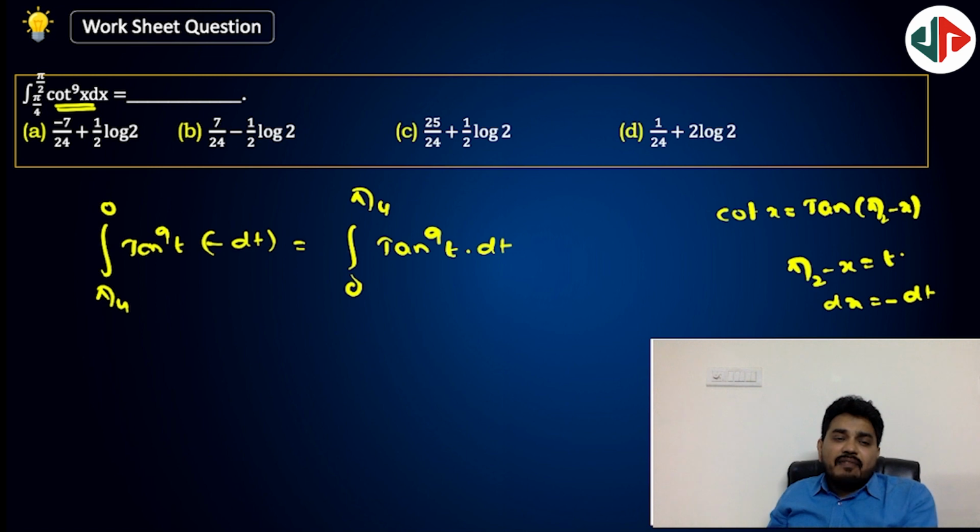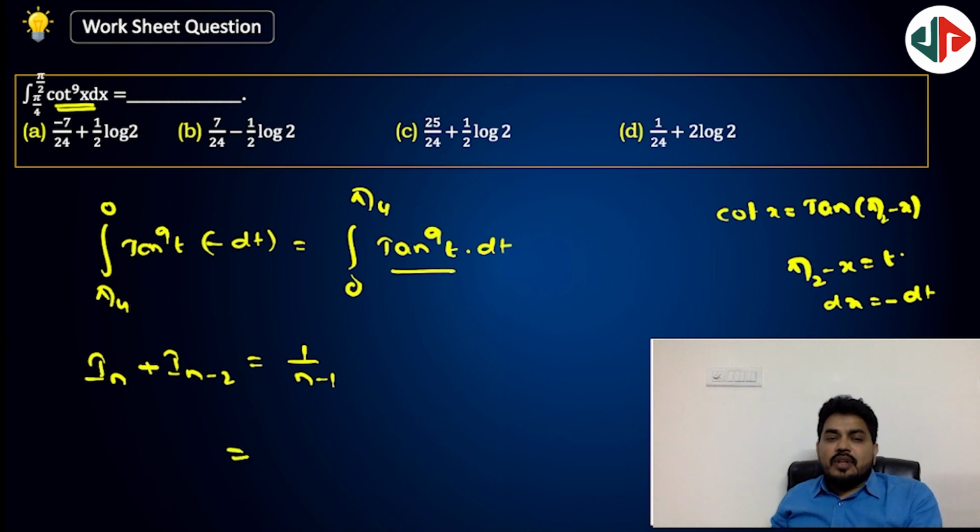So we have, what is this one? I n plus I n minus 2 is equal to 1 by n minus 1. So as per this, what is this value? First value is 1 by 8, n is equal to 9. Next one is minus of, here what happened? I n minus 2 will be there, right?